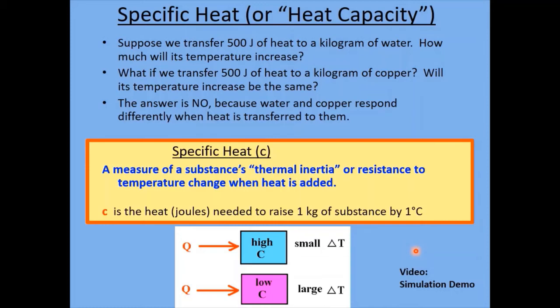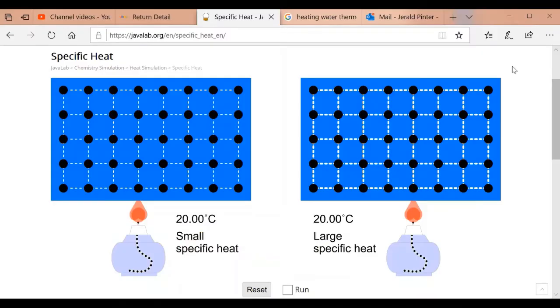We'll next look at a video simulation demo to show the specific heat of different substances. So this is a simulation tool that simulates the effect of specific heat. On the left here is some material that has a small specific heat. For example, any metal has a relatively low specific heat.